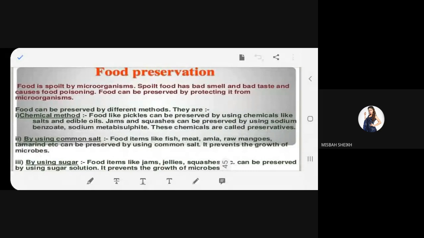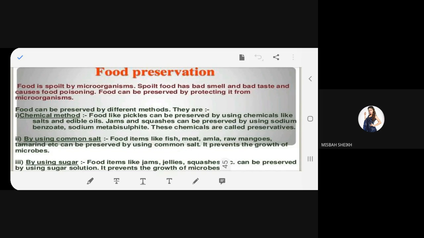Now, in the fridge, you take out certain food. Sometimes you get a very different smell, and then we say that food has gone bad. Has it ever happened with you that you take out food from the fridge and find that it's gone bad?